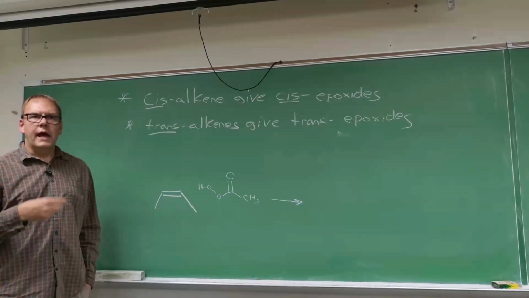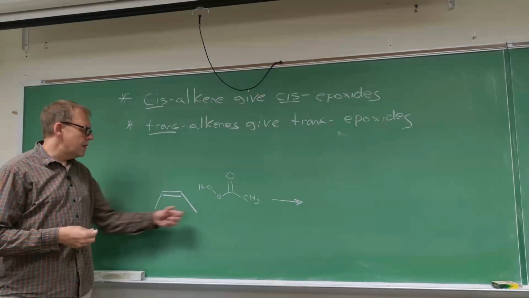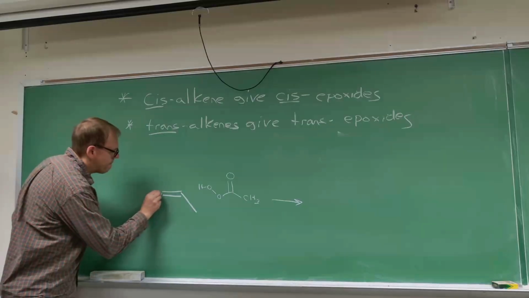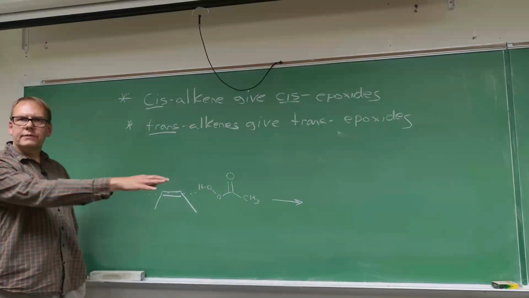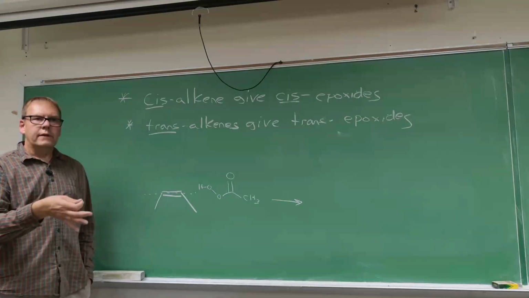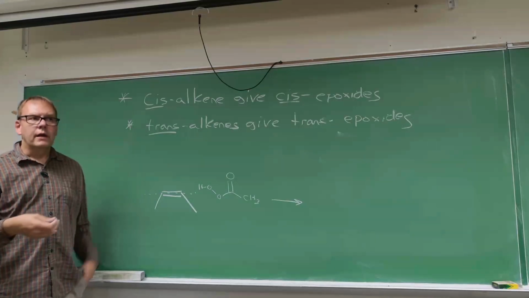The epoxide is going to have cis stereochemistry. The two methyl groups are on the same side of that dotted line that bisects the double bond. They're going to be pointing in the same direction in the epoxide product.